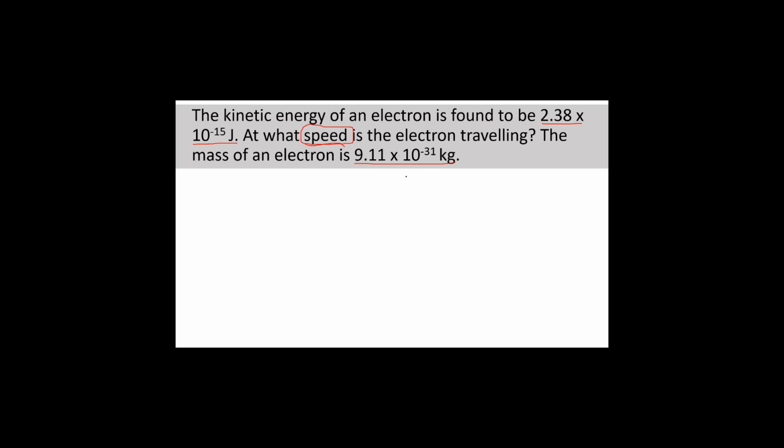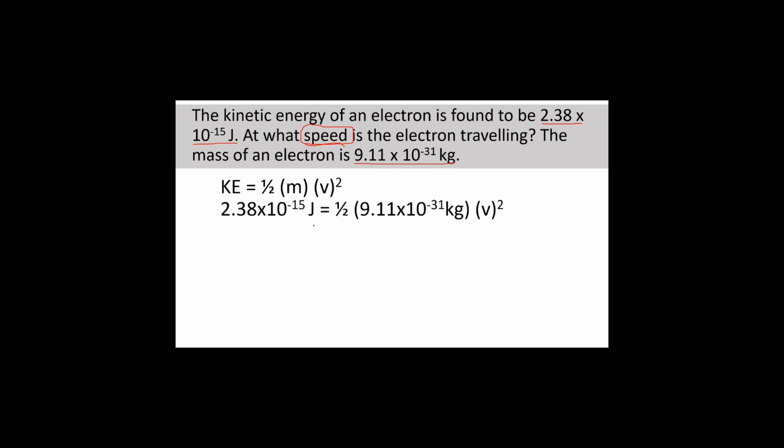So we have here the kinetic energy and the mass. We are looking for the speed or the velocity of the electron. So using the equation of kinetic energy, which is 1/2 times mass times the square of its velocity, substitute the given.